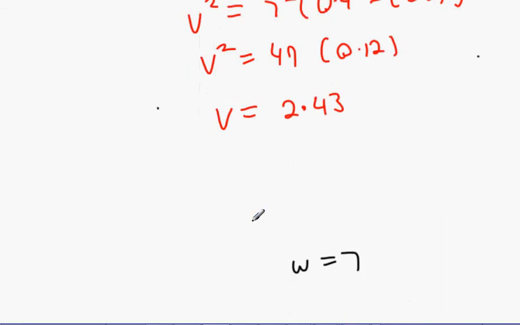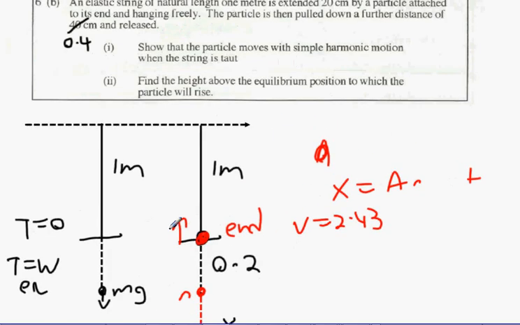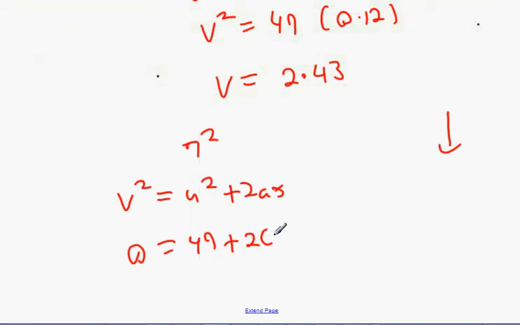Insert that into v squared equals u squared minus 2as. 0 equals u squared, which is 2.43 squared, plus 2 times, what's the acceleration? Gravity's working against it now, isn't it? Because it's travelling on its way up, there's no more tension, and gravity's working against it. So minus 2 times minus 9.8 times s, which is what we're trying to figure out. Then we get 19.6 s equals 49.